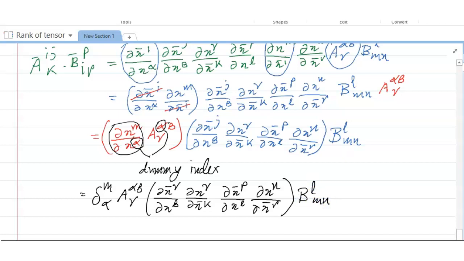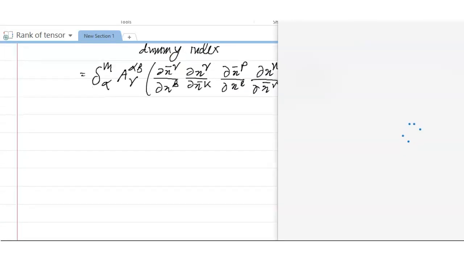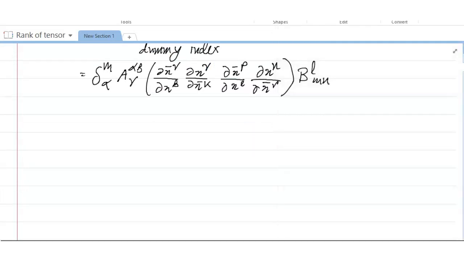So friends, whatever we see, we have to know the condition that if m is equal to alpha, then δ^m_α is equal to 1.